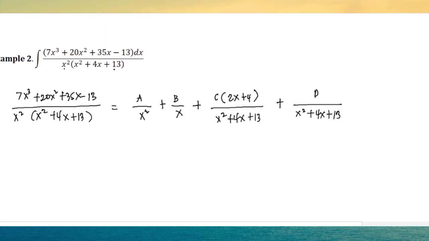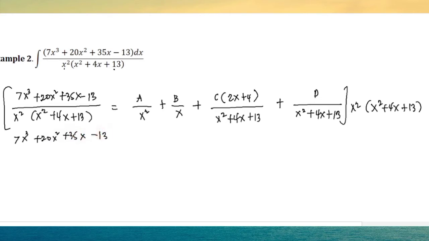So we multiply everything by the denominator, and we would have x squared plus 4x plus 13. So only the numerator remains here, 7x cubed plus 20x squared plus 35x minus 13.